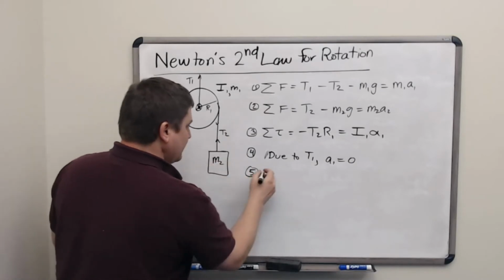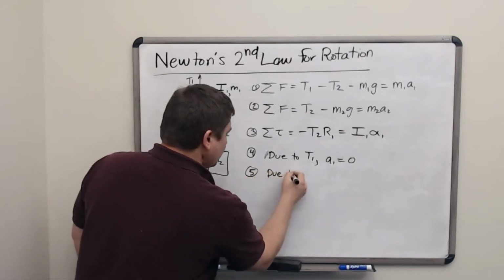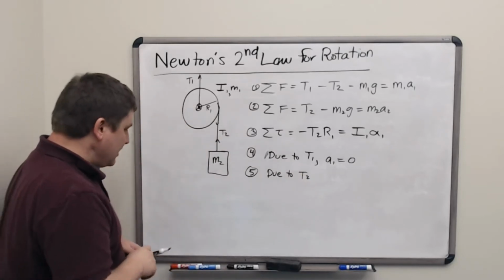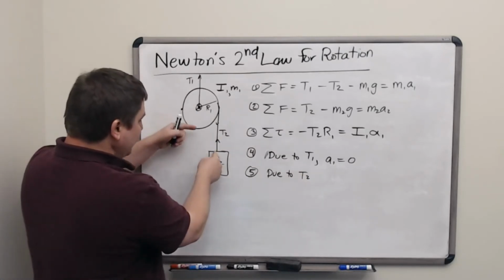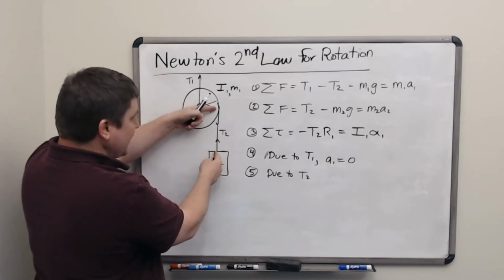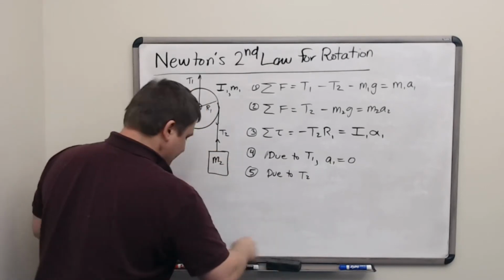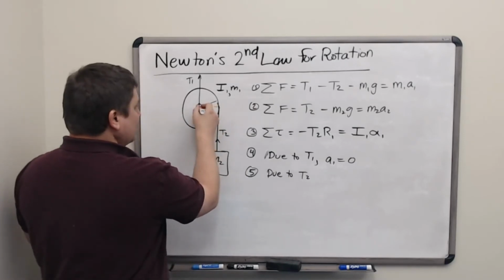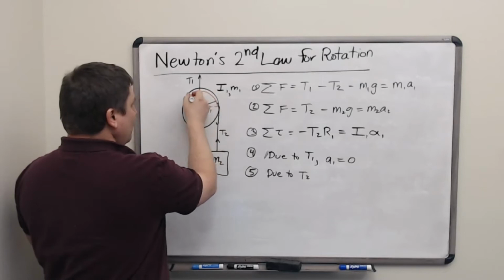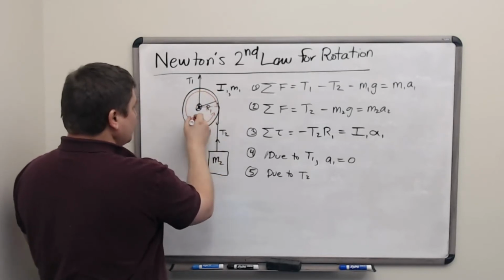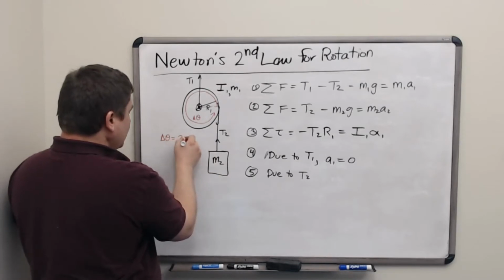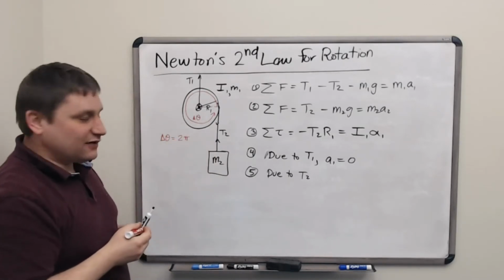The other string, T2, is a little bit harder to figure out its equation of constraint. T2 has a length from here to here, and it's wrapped around the cylinder a bit more. Let's imagine that the cylinder rotated one full revolution, so the cylinder changes its angle in the positive direction.